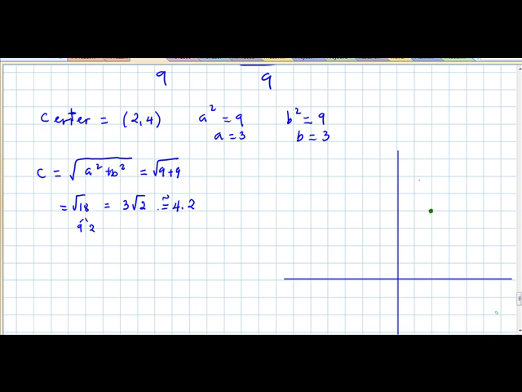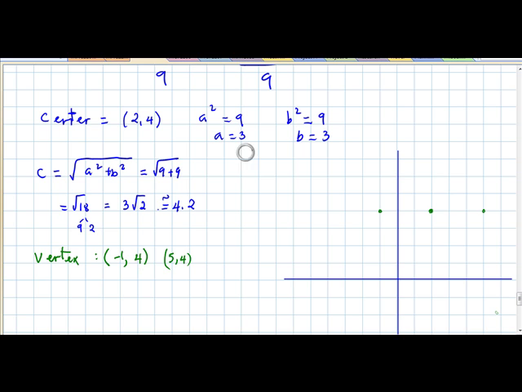So you can go 3 units to the right from the center, which gives you one vertex, and 3 to the left from the center for another vertex. So our vertices should be the points minus 1, 4, and 5, 4. Those are our vertices.